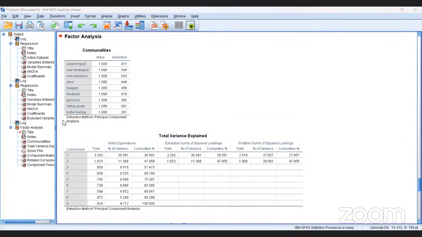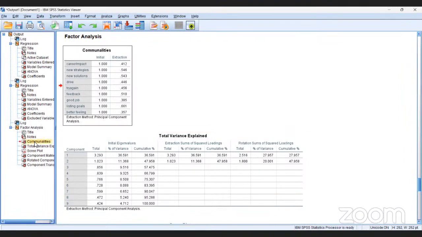Is it visible now? Yes, sir. So this is the factor analysis I have done. And this is the communalities.